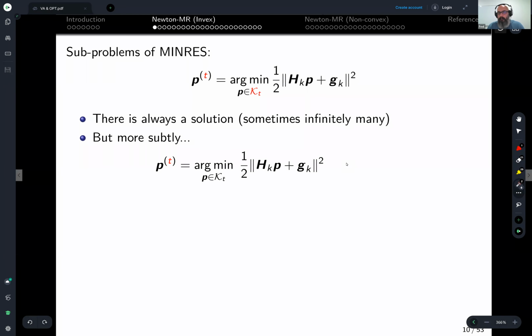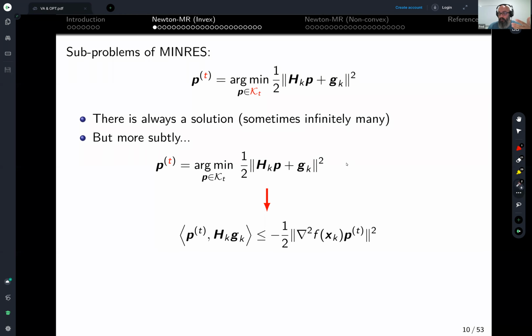But importantly, let's look at every iteration of MINRES. Again, with the same line of argument, because the constraint set we are working on is a subspace, the zero vector is going to be on it. So this objective function always has to be less than or equal to half of the norm of the gradient squared. So you realize that every iteration of MINRES has to be, by definition, forming an obtuse angle, an angle larger than 90 degrees, with the Hessian times the gradient.